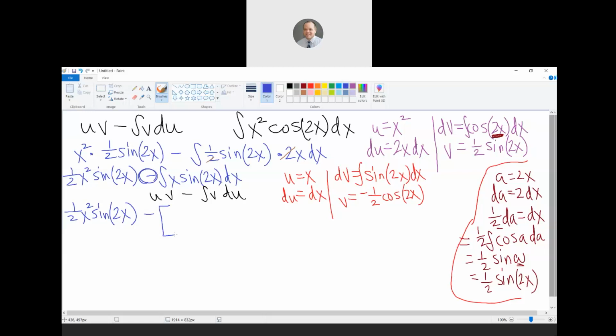And let's use brackets. So u this time around is x. v was negative 1/2 cosine of 2x, minus the integral of v. And v was negative 1/2 cosine 2x. And what am I missing? Oh, du was just dx.